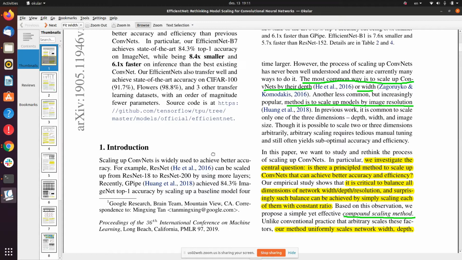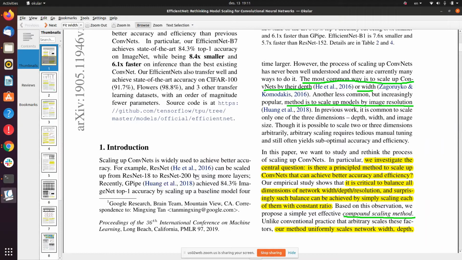But we don't know what the max limit is. We cannot increase the number of layers infinitely and expect benefit. That's what we have mostly seen in ResNet, where they increased from, as shown here, ResNet-18 to ResNet-200.